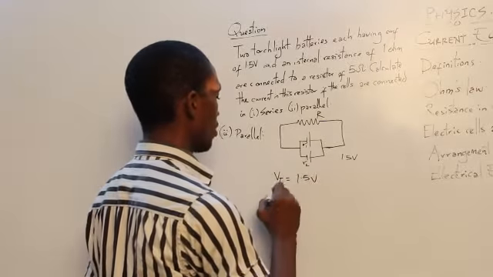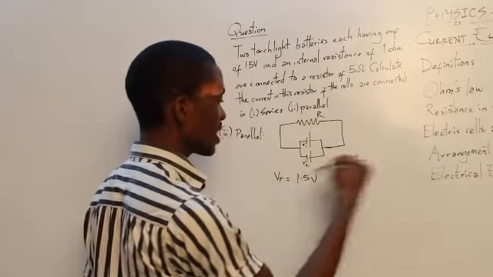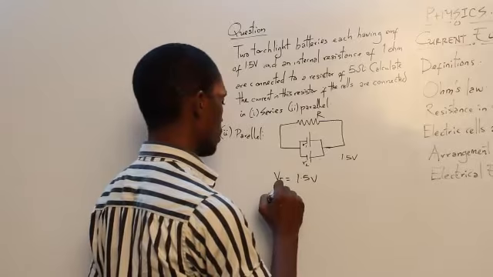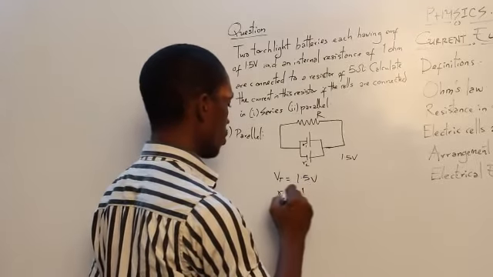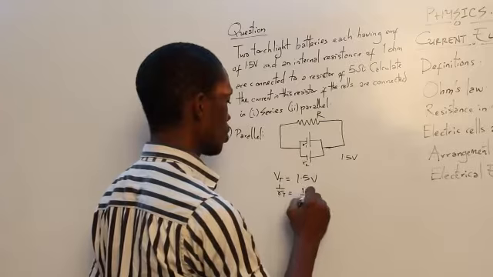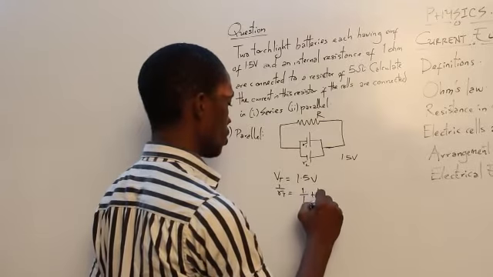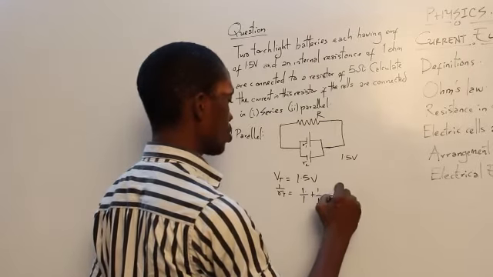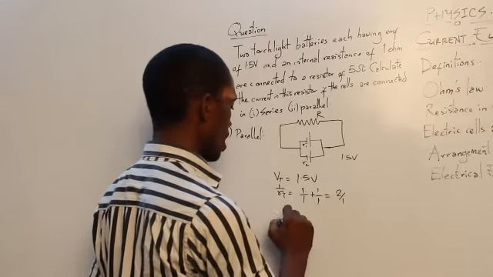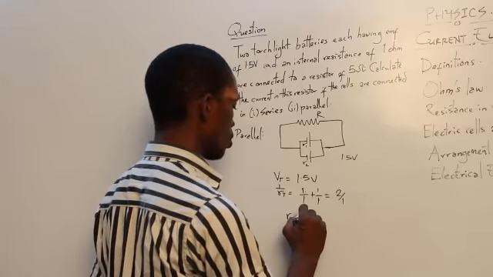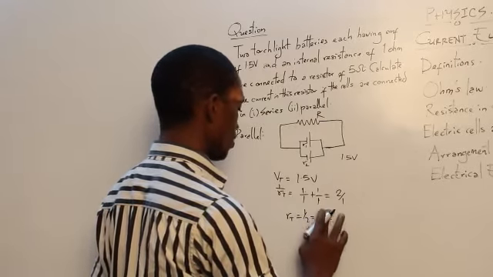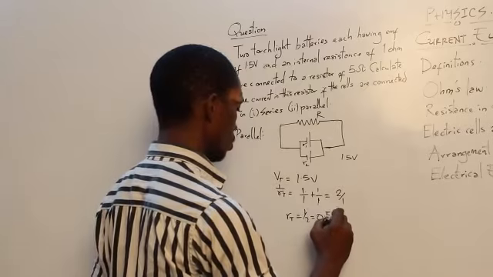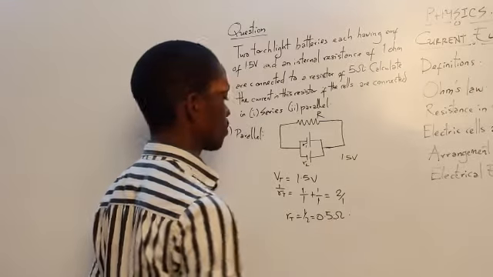And our resistance, let's start from the internal resistance. Total internal resistance will be 1 over total internal resistance equals 1 over 1 plus 1 over 1. So when we add this, we get 2 over 1. So our internal resistance will be equal to 1/2, which is 0.5 ohms.